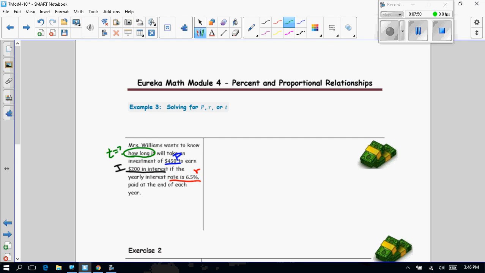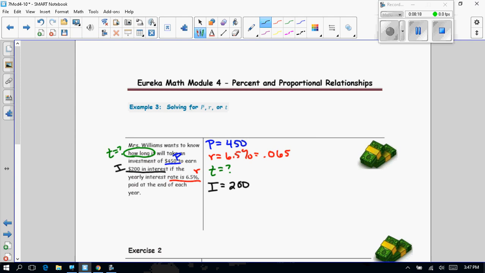We don't know that. Look, I've got everything I need, I = PRT, I've got all the letters there. Let's figure out what they have. So principal is 450. The rate is 6.5%, which is 0.065. The time is what I don't know, and the interest is 200.